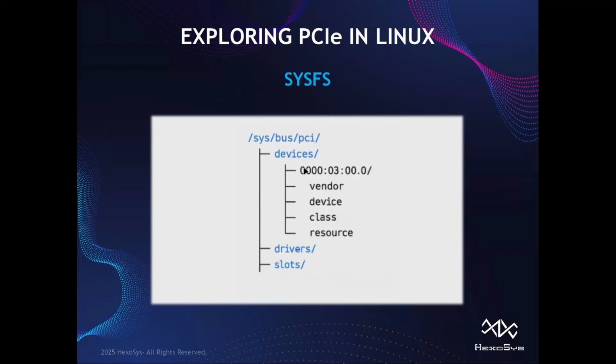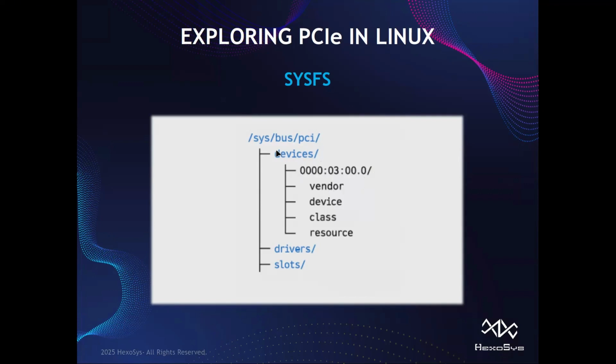This is a domain address. We can say that the domain is the number of the root complex. Some rare systems actually have more domains, with separate connections or separate root complexes in their system. In most systems, especially embedded systems, you only have one domain, and that is 0.